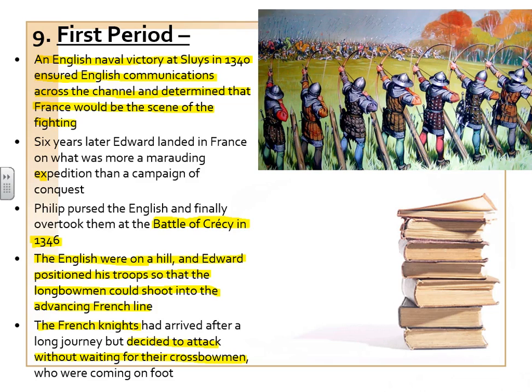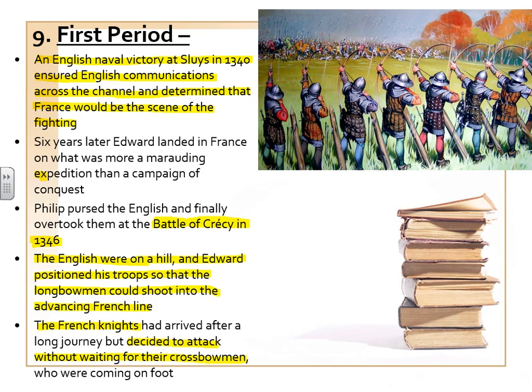The English Navy secures a victory early on in the fighting, and that means that they are always going to be able to get supplies across the English Channel to France, and so all the fighting is going to be done in France. So the French land or countryside is going to be frequently destroyed by armies that plunder, and we'll talk a little bit about that in a moment.